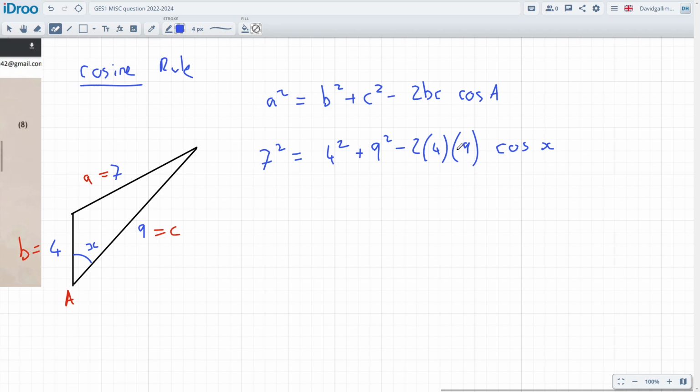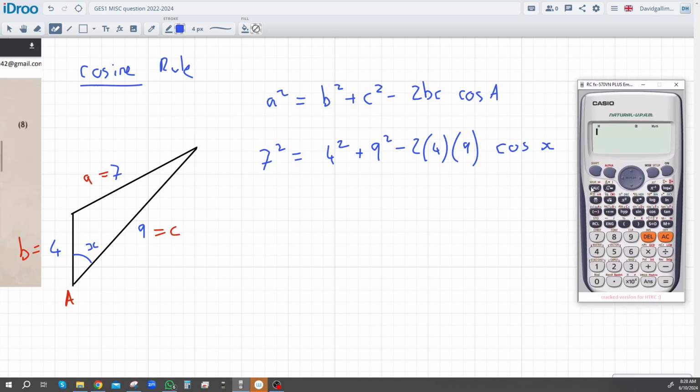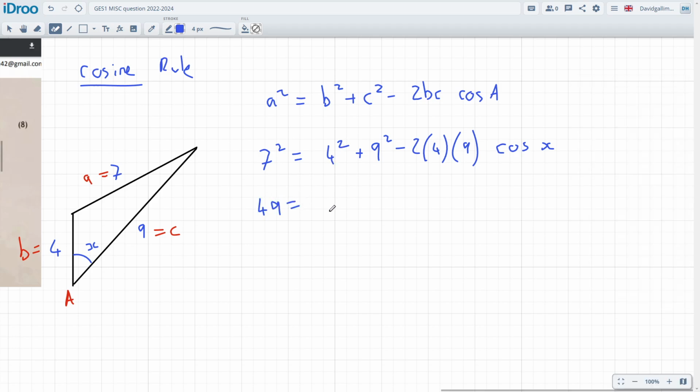All right, now we're just going to crunch a whole bunch of numbers on this because some of these numbers can be calculated. So let me get my calculator and we'll start plugging these guys in. Well, 7 squared I know is 49, 4 squared is 16, this is 81, 2 times 4 is 8, 8 times 9 is 72, so minus 72 cosine x.